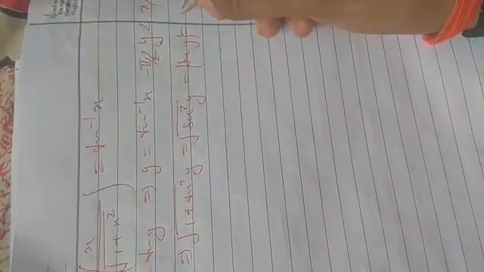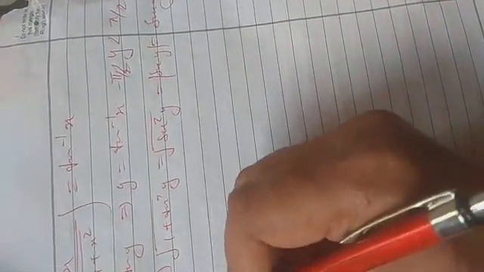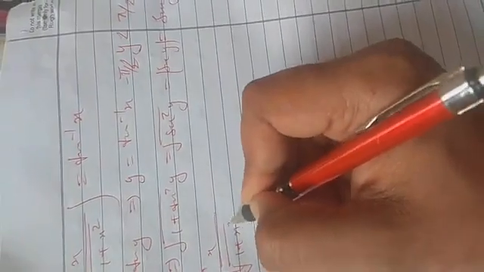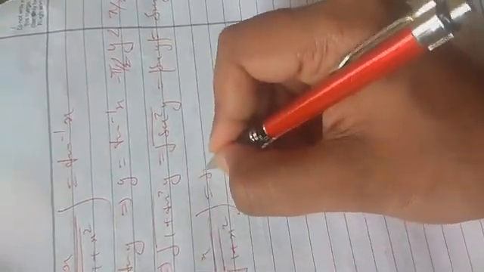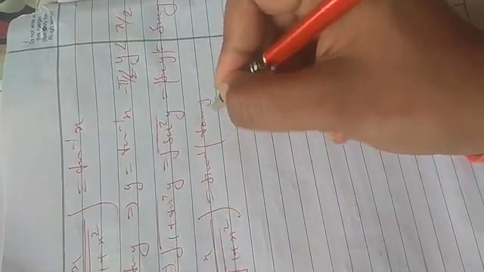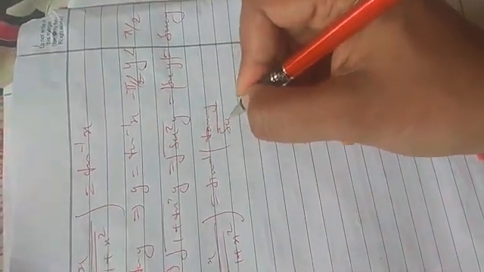This all can be written into it. Now you know that sine inverse (x upon under root 1 plus x square) equals sine inverse (tan y upon sec y).